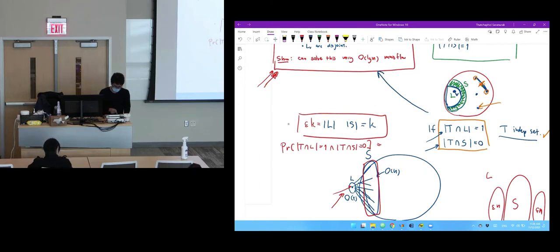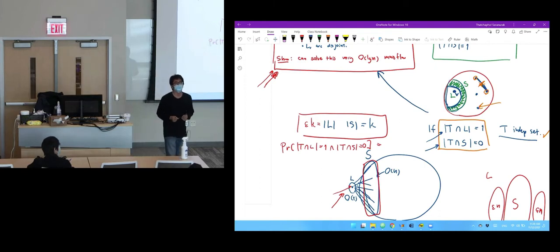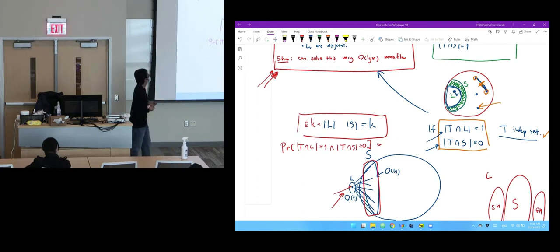And I think a more convenient way to make T an independent set is to just remove the edges between vertices in T. It will be a little bit simpler. Yeah, we can remove edges between T.